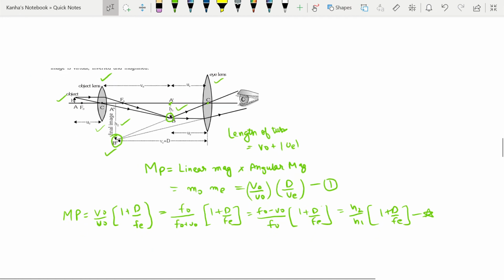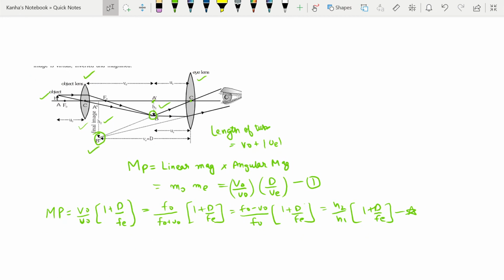So the first case is what you should definitely remember, and most of the problems will be from either this or the second case, which is when the final image is formed at infinity.